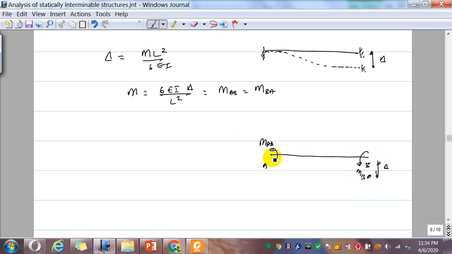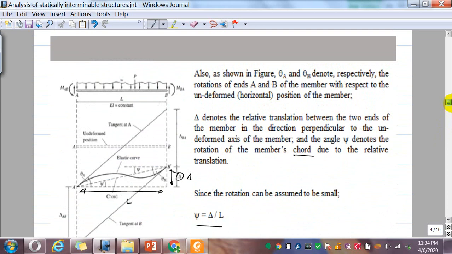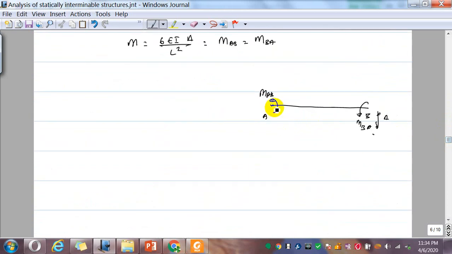So MAB, MBA. So MAB is due to the rotation here, and the rotation here. So it gets a shape, say like what we have seen here. So maybe something like this, or whatever. So here it's theta A, and here this is the angle, it makes theta B. So all these are happening in that section.